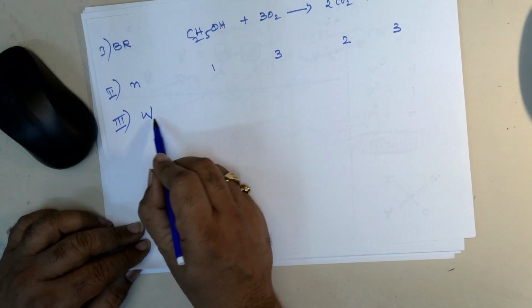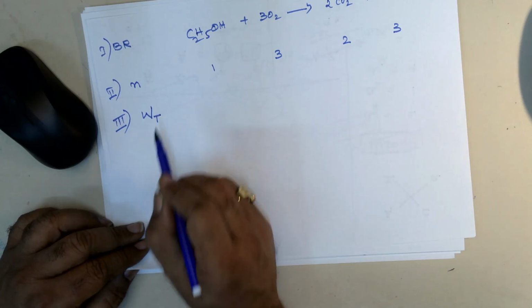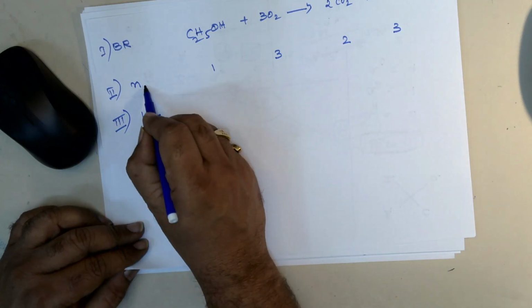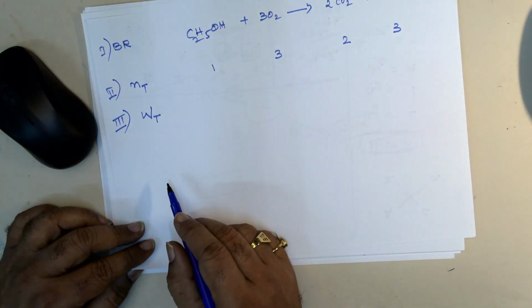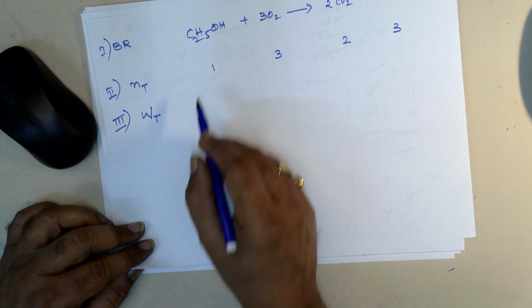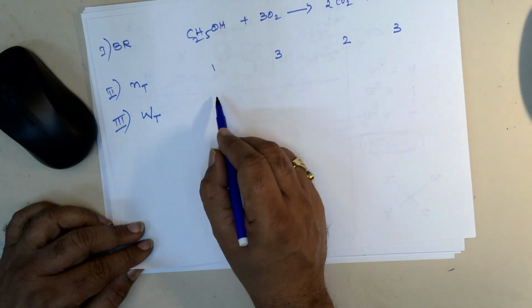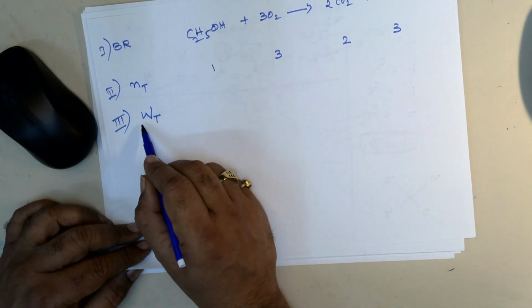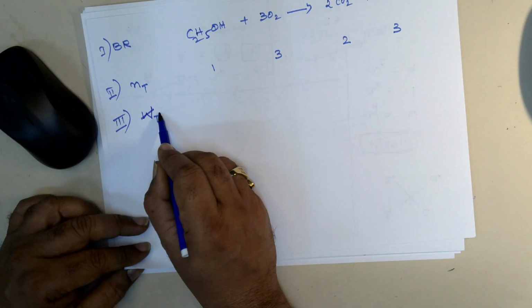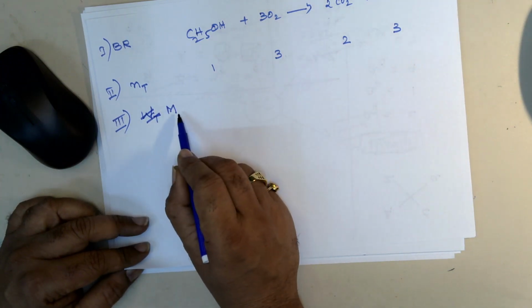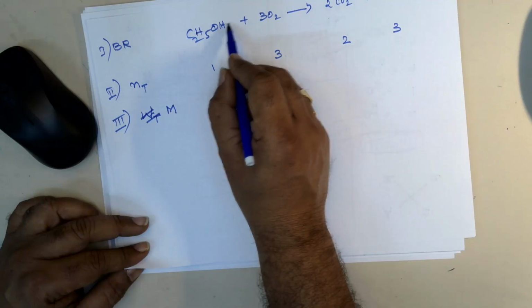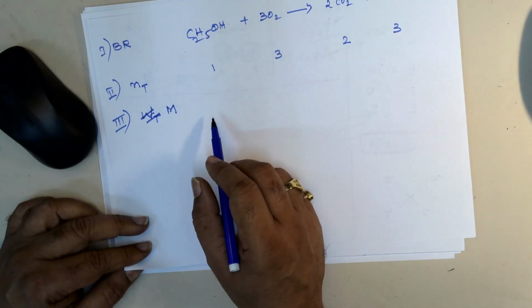And this weight is nothing but the theoretical weight. And this is also the theoretical number of moles, that is as per the stoichiometric equation. And for which you should know the molar mass also for each of these. I would suggest you put molar mass also here so that it will be convenient for you. So put molar mass, put M. What is the molar mass of C2H5OH?